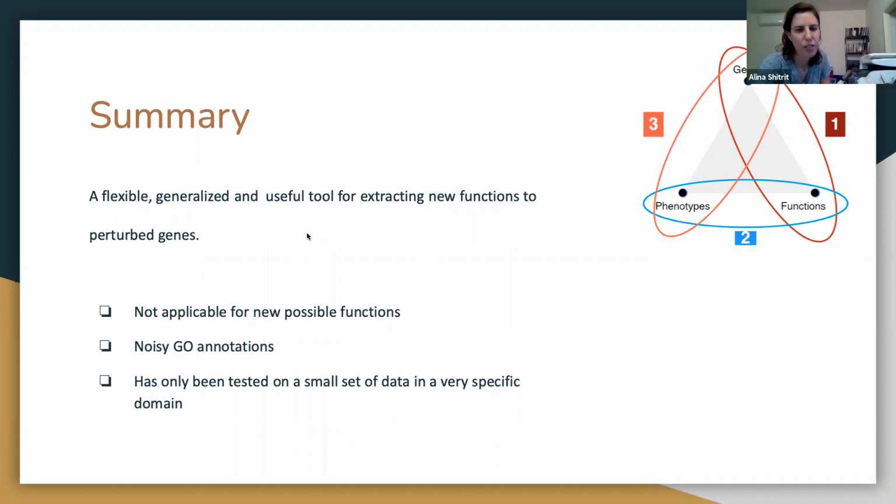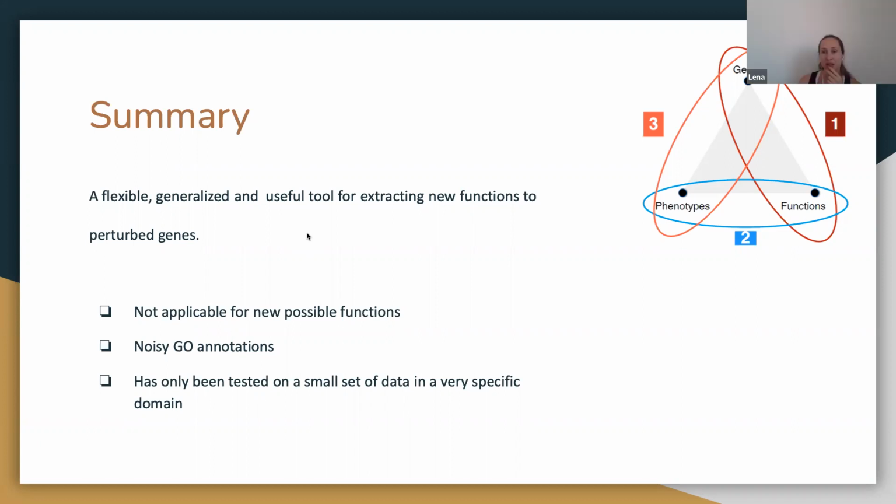Actually, I think that one limiting factor of this method is the fact that knockdown of genes does not always cause a phenotypic response. Yeah, sorry, go ahead, Lena. I didn't understand the question, I'm sorry.